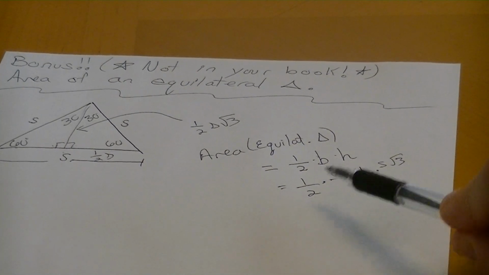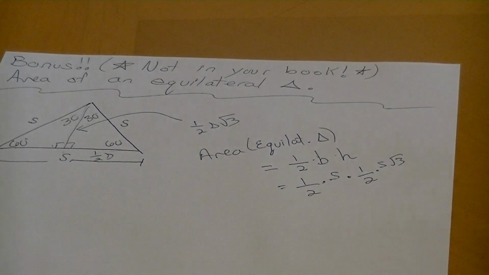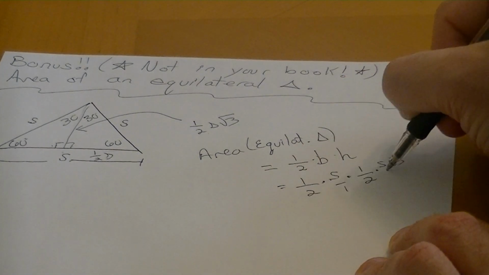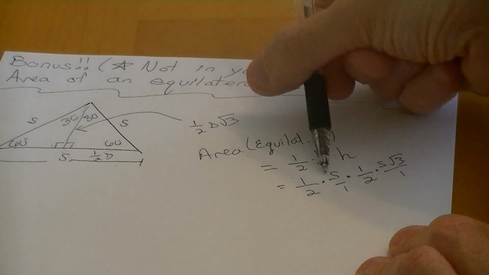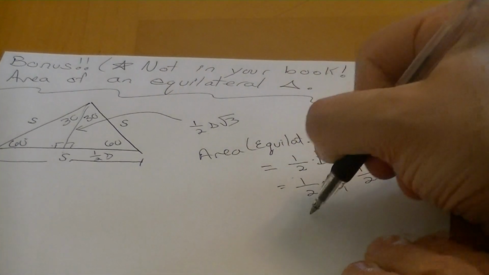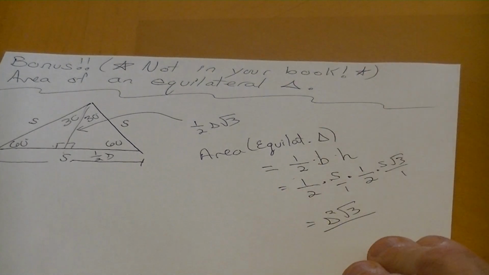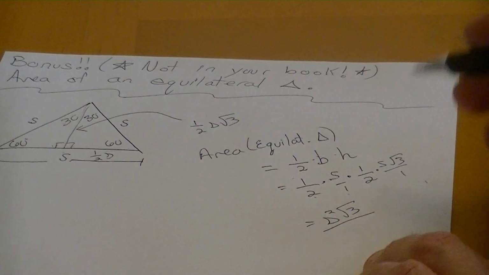So 1/2, the base of the triangle is s, and the height is 1/2 s root 3. And if I multiply my numerators together, 1 times s times 1 times s is s squared times root 3. Denominator, 2 times 1 times 2 times 1, 4.